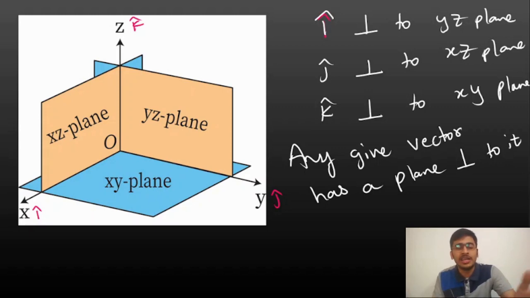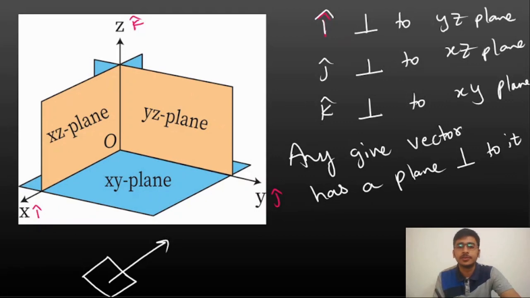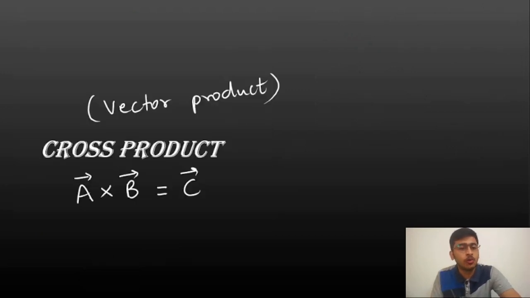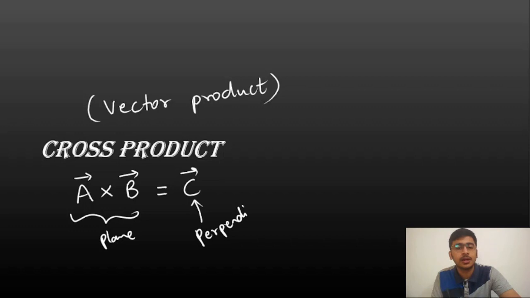Let's say if I draw any random vector, there is a plane which is perpendicular to this vector, isn't it? So this cross product essentially tells us that if I have two vectors, these two vectors can form a plane, and the C vector will be a vector which is perpendicular to that plane.